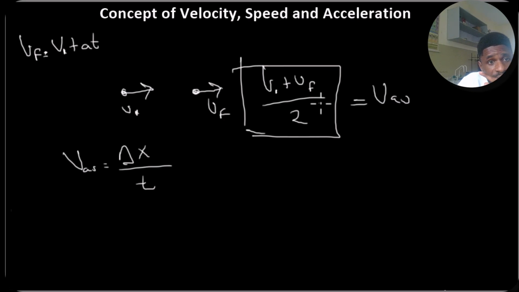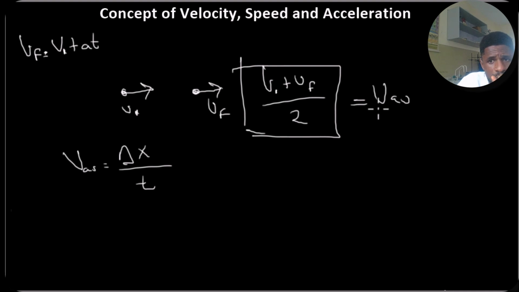So when acceleration is constant. If acceleration is not constant, we can't find our average velocity in this way. For us to calculate average velocity, we always have to use delta x divided by t. But once acceleration is constant, we are free, and then we know 2 velocities. We are free to add them and divide it by 2.